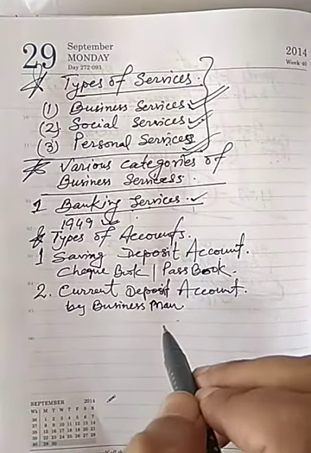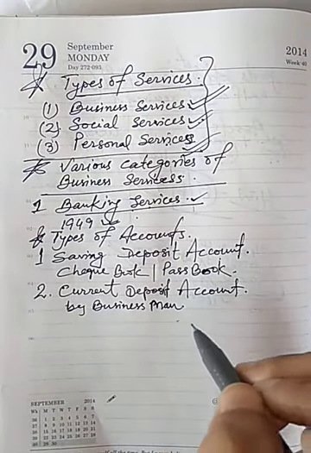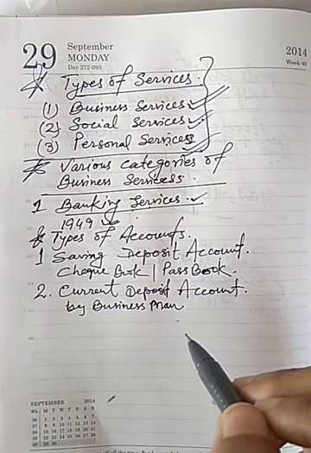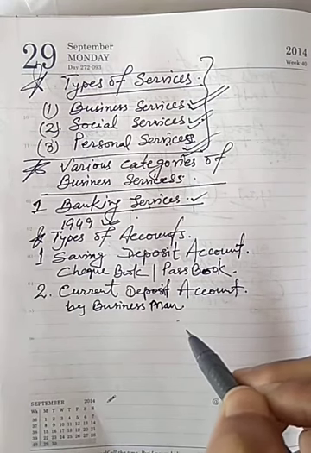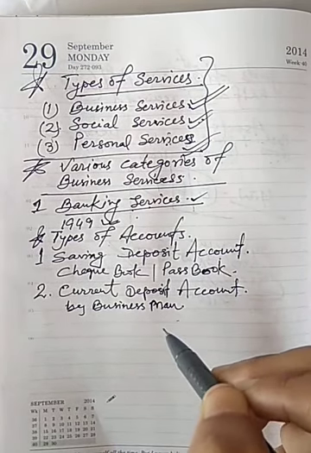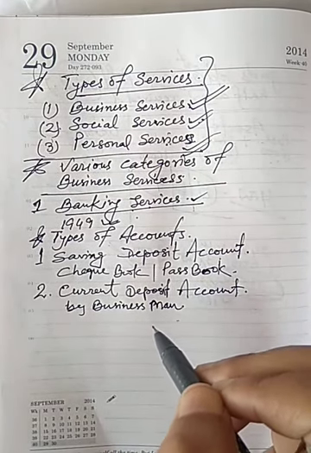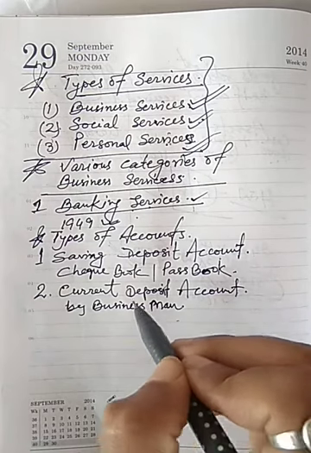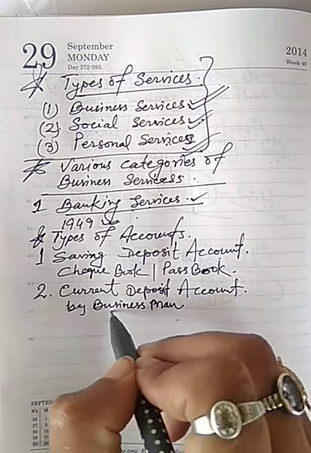The account holder can deposit and withdraw money whenever desired. Withdrawals are always made by check. Overdraft and credit limit facility is available in this account only.